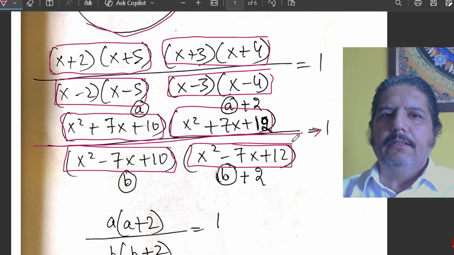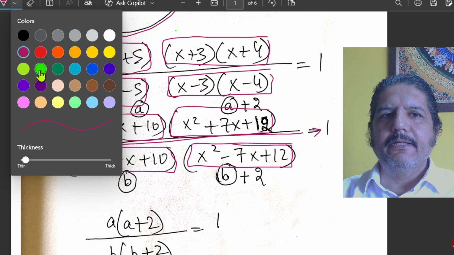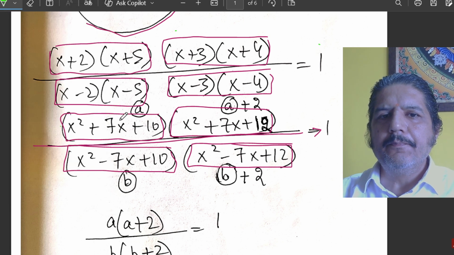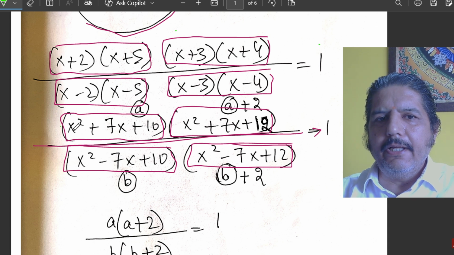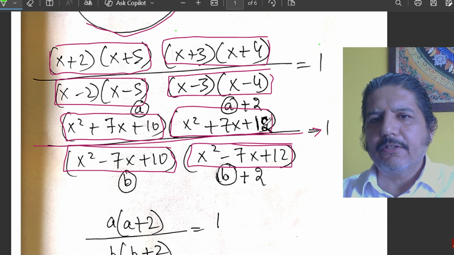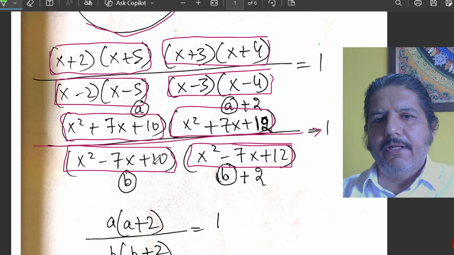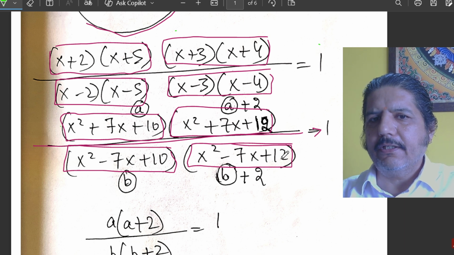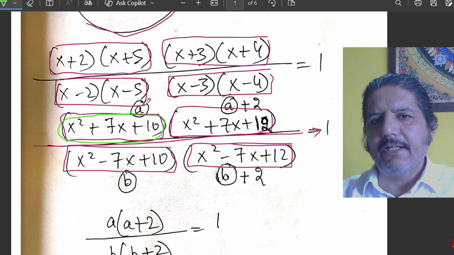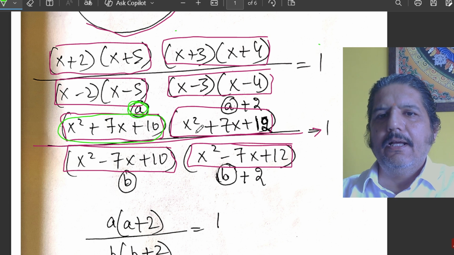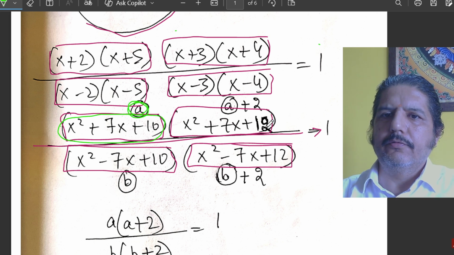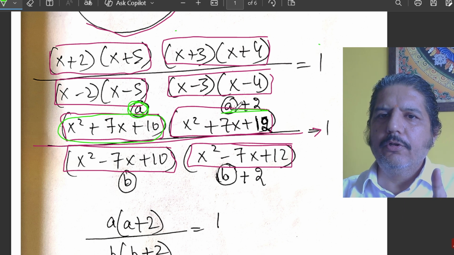And now when I look at these again, what I understand is that, looking carefully, we have x square plus 7x plus 10 and x square plus 7x plus 12, x square minus 7x plus 10 and x square minus 7x plus 12. So what you do is you put x square plus 7x plus 10 as a, and x square plus 7x plus 12 would be equal to a plus 2.